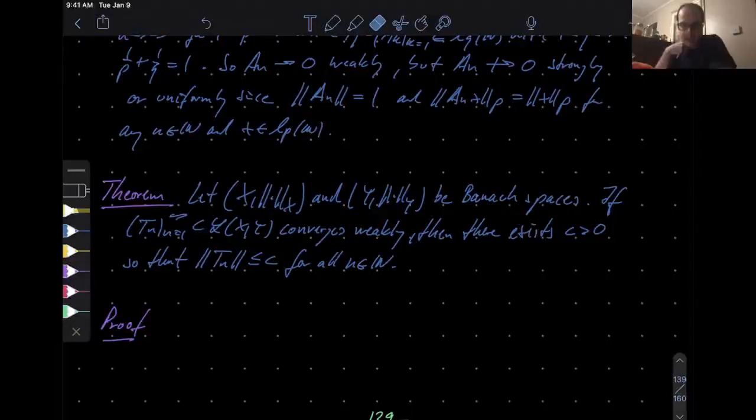Now, if you think back to the last section of the previous chapter 3, there we talked about weak convergence and weak star convergence. And one of the important properties was that if you have a sequence that converges weakly, or a sequence of bounded linear functionals that converges weak starly, then that sequence is always bounded.